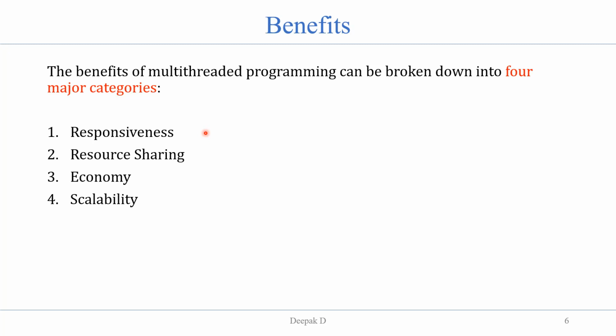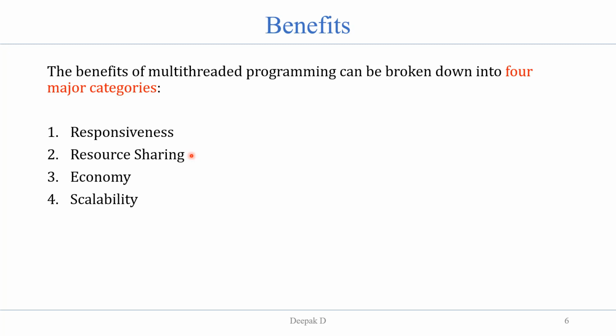Second one: what do you mean by resource sharing? Processes may only share resources by using some techniques, as we have already seen, such as shared memory or message passing systems. These techniques must be explicitly arranged by the programmer. But threads share the memory and the resources of the process to which they belong by default.